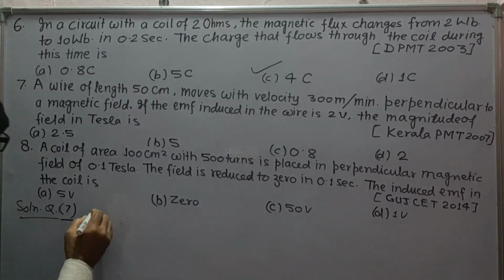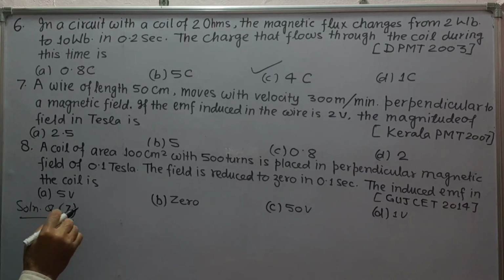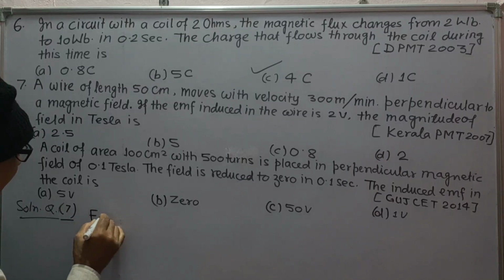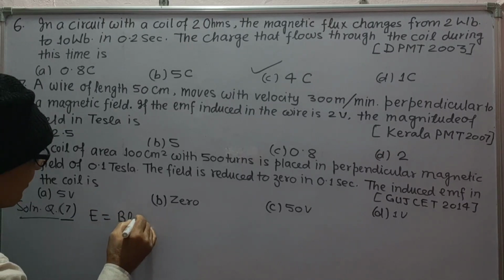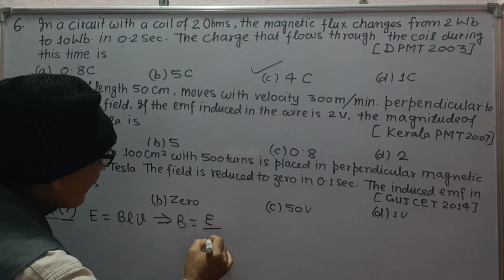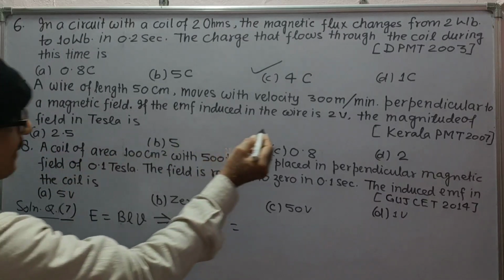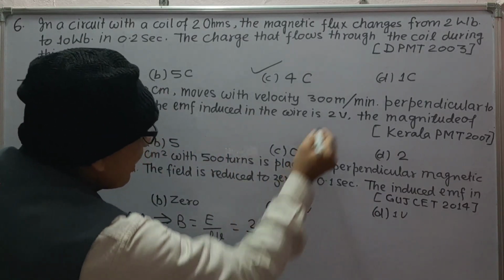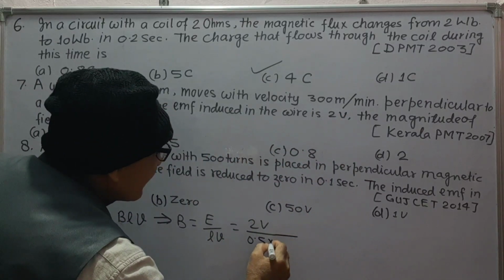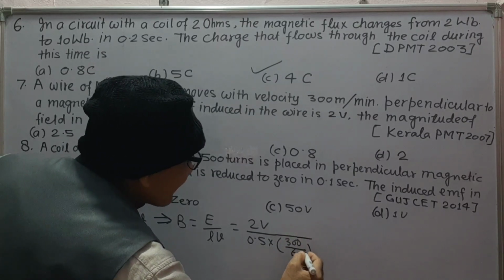Here we know motional EMF induced in a conductor rod moving in perpendicular magnetic field is given by E is equal to B L V. Therefore, B will be equal to E upon L into V. E is given to be 2 volt upon L is 0.5 meter and V is 300 meter upon 60 seconds.